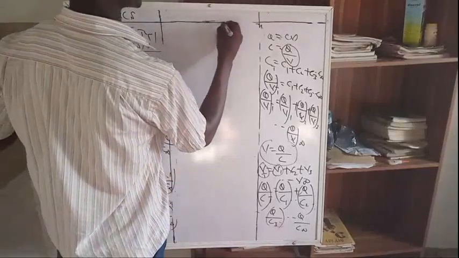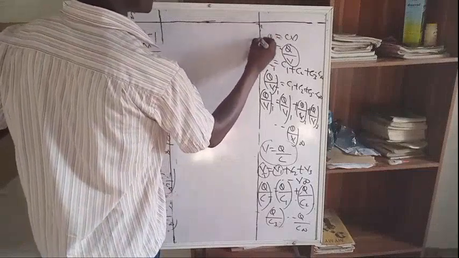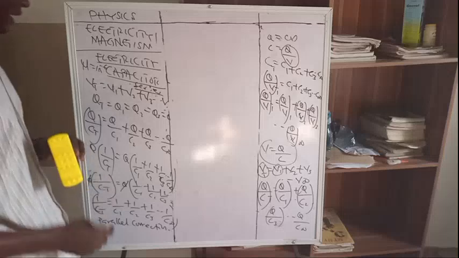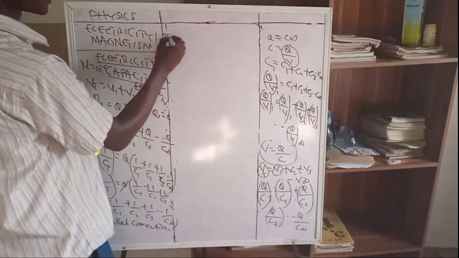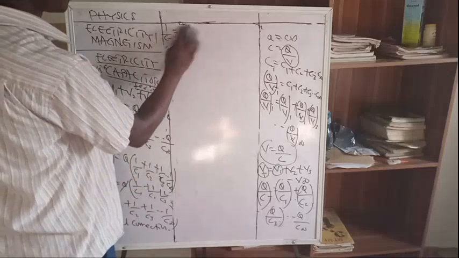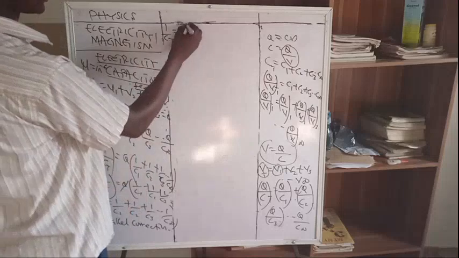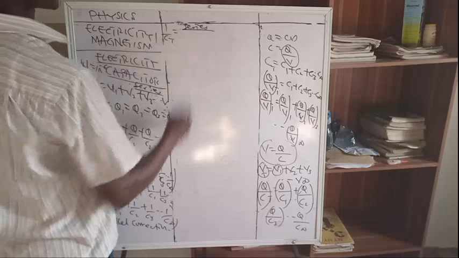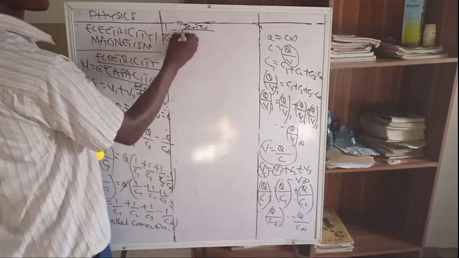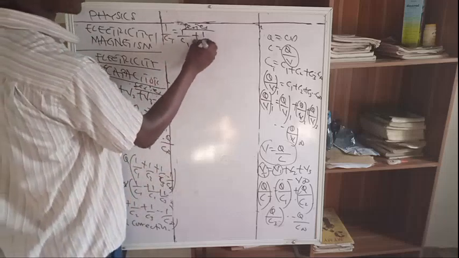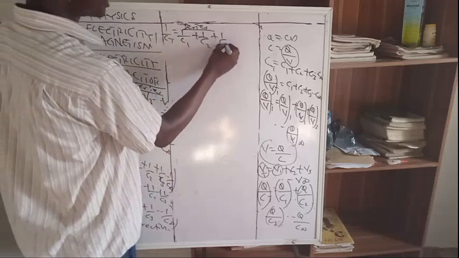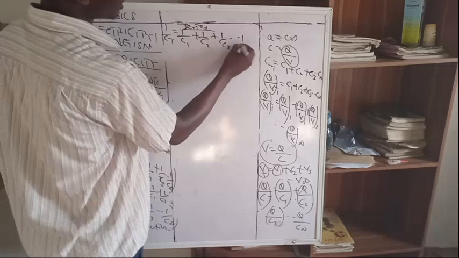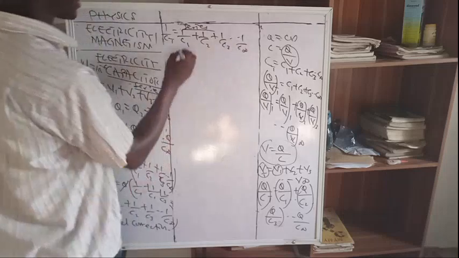Don't forget that we said that in series, your potentials are different while charges are the same. So we resorted to 1 over C1, 1 over C2, 1 over C3, and to 1 over C infinity. So let's look at the parallel connection now.